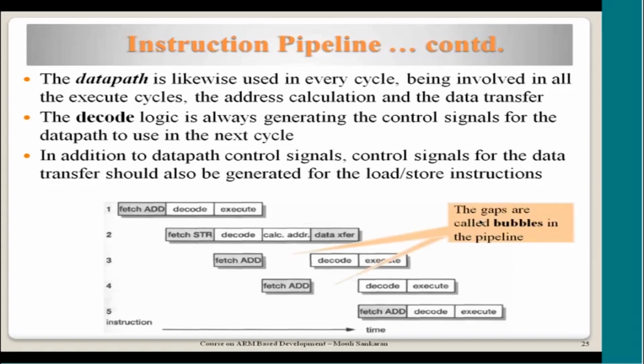Just to make you aware, the gaps are called bubbles in the pipeline. Because of the store instruction coming here, there are two bubbles in the pipeline. So effectively, the throughput cannot be 3 instructions per cycle, because during some time frame some stages are not active.